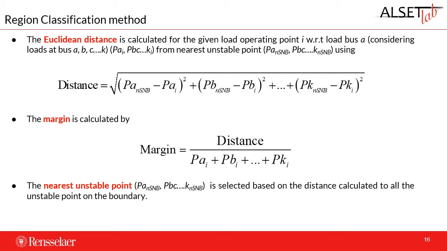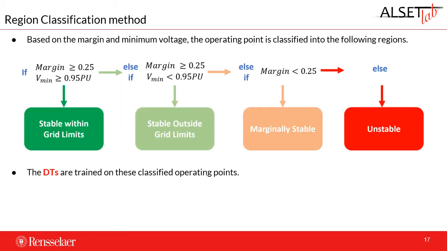This gives us the distance to the boundary, and the margin is calculated by dividing the distance by the nearest unstable point, which is selected based on the distance calculated to all the unstable operating points on the boundary. In this method, the new approach is that we're going to give you a more granular classification of all the operating conditions depending on the margin calculated and the minimum voltage.